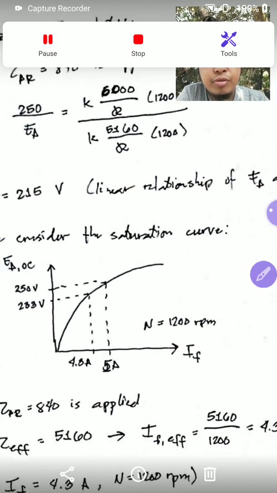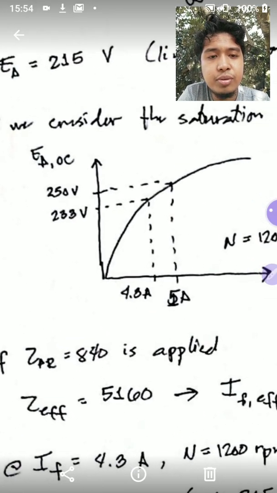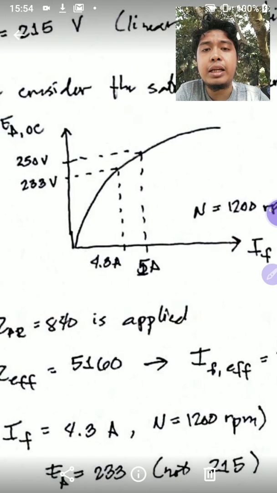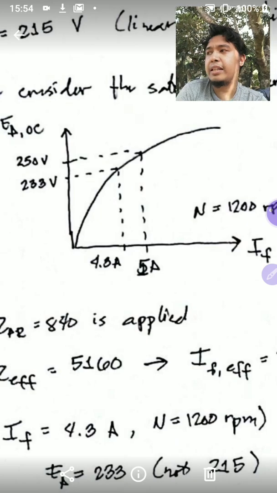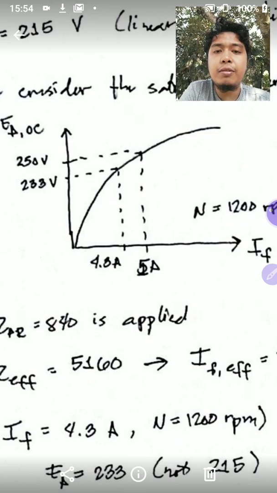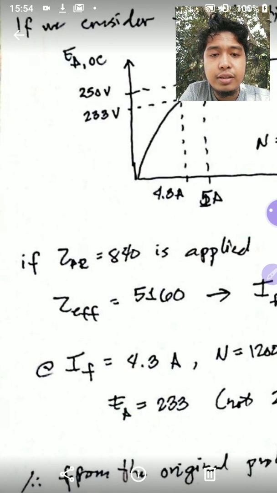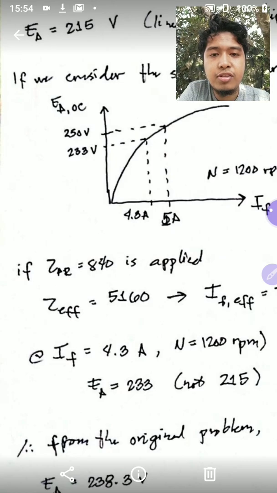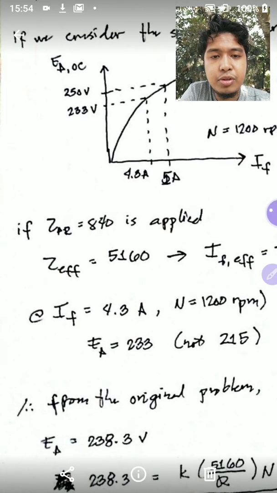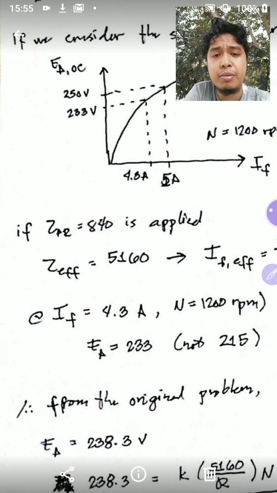If we consider this saturation curve, it tells you that if the field current is 5 amperes, you get an open circuit induced voltage of 250. If it is 4.3 amperes, you get 233 volts. That's how you interpret the saturation curve. Now let's apply the armature reaction of 840 ampere turns.